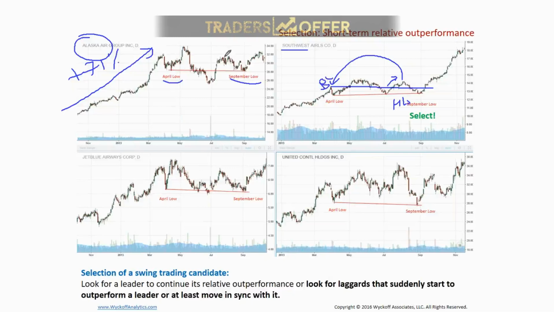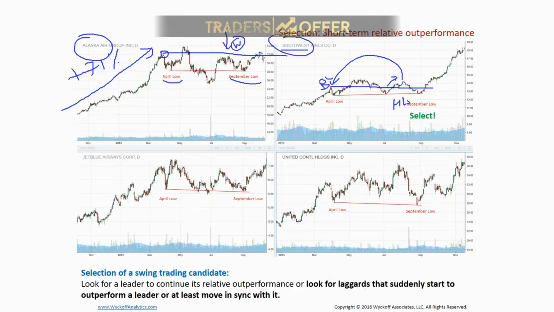Look at Alaska. The climactic action right here on this rally is not being touched, and therefore this is a much weaker rally. So what does it tell us? That tells us that there is still interest in this stock by institutions, but maybe they already have such a significant position, they are looking for the value proposition among other stocks in the same leading group.